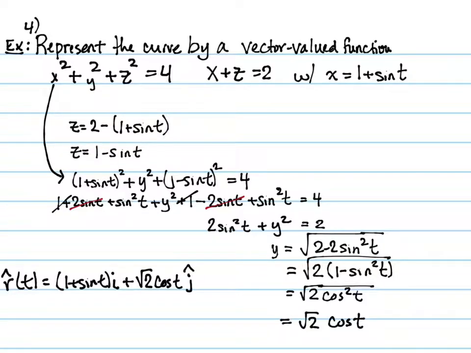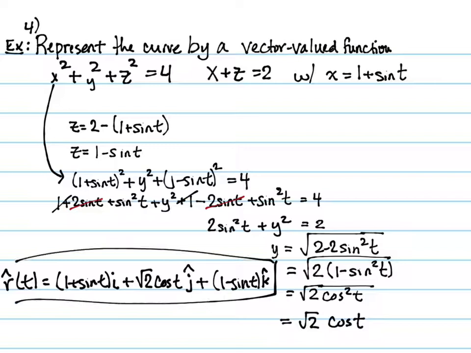And then the last one was the k, or the z value next to k. So I have 1 minus sine of t. Okay, is that all right?